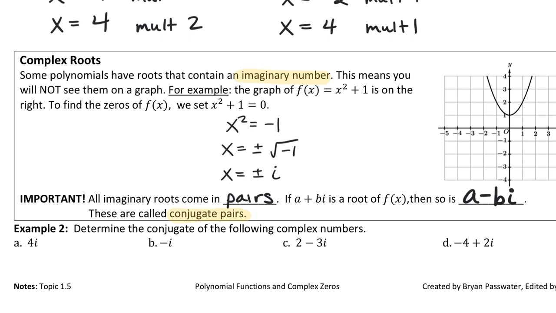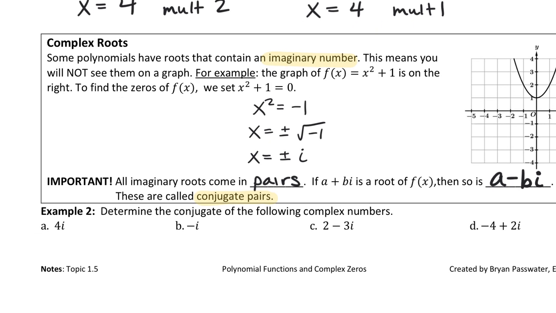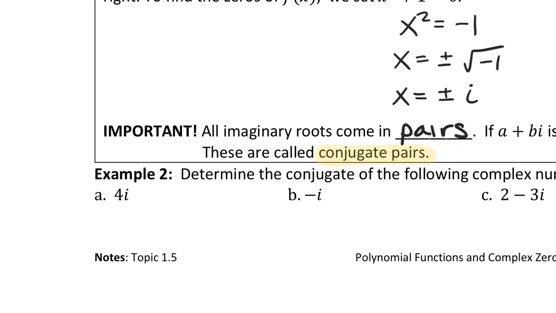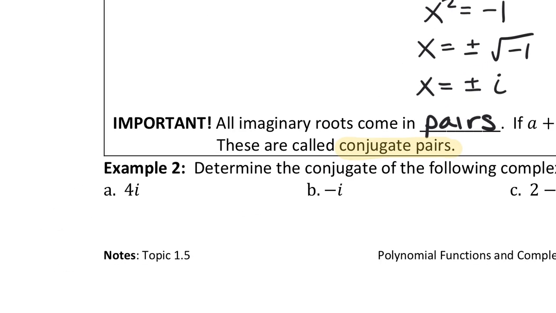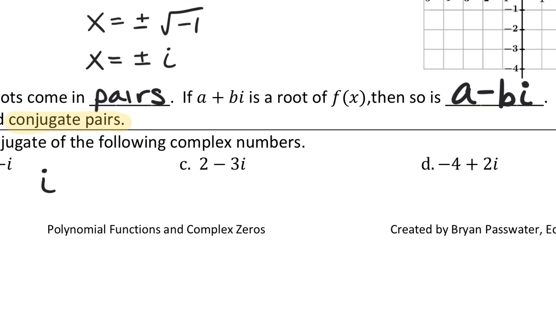So let's just make sure we understand the concept of complex conjugates. We're going to determine the conjugate of the following numbers. If I say that one of the roots is 4i, what's the other root? -4i. You have to know that. They go together all the time. If I say one of the roots is -i, what's the other one? Amazing. What if it looks like a complex number like this?